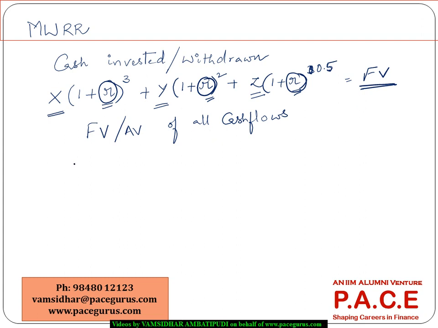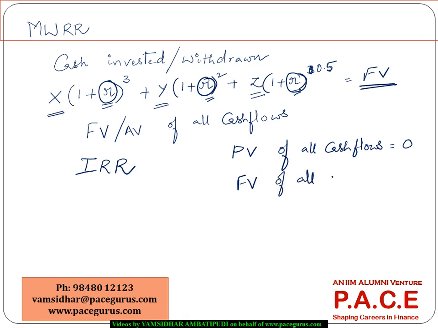Sometimes people also look at it the other way: it is nothing but the IRR of the project. Either the present value of all cash flows should be equal to 0, or the future value of all cash flows should be equal to the fund value.